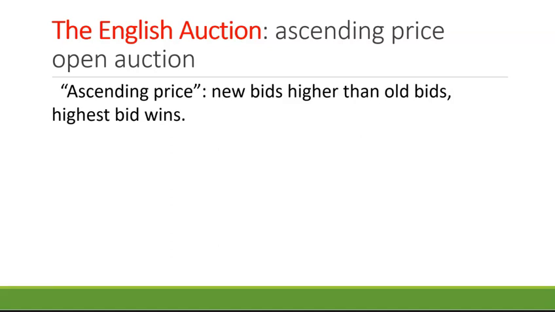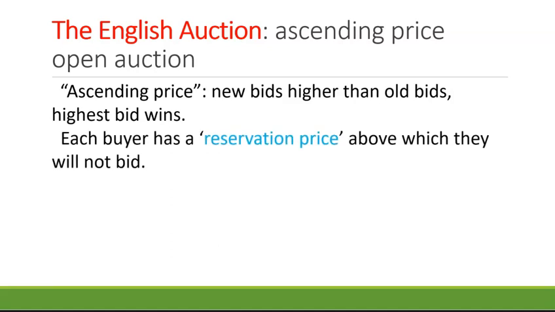Now, a little bit more terminology for us. We can describe each buyer as having what's called a reservation price. That's what we've been calling their maximum willingness to pay, and they're not going to bid anything more than that. That wouldn't make any sense.